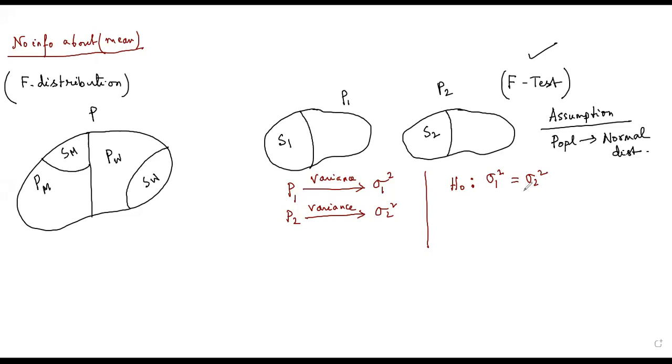My null hypothesis is this, against the alternative hypothesis that they are not the same. The question is, how can we test it? What is the testing process? Under this null hypothesis, the statistical tool that we use is known as the F statistic.